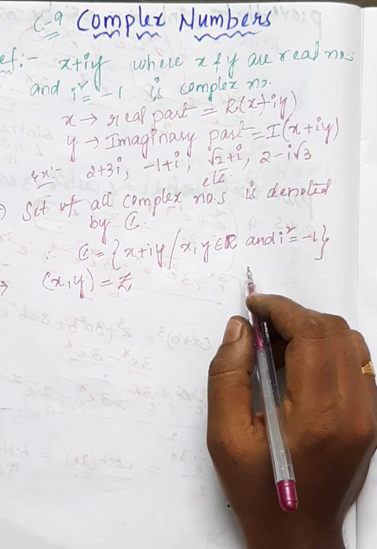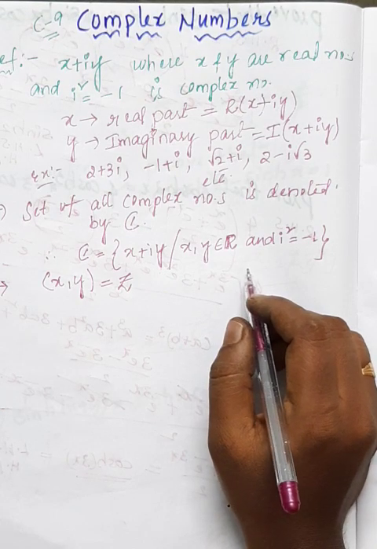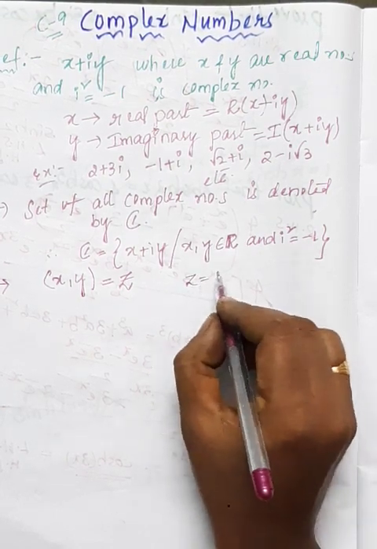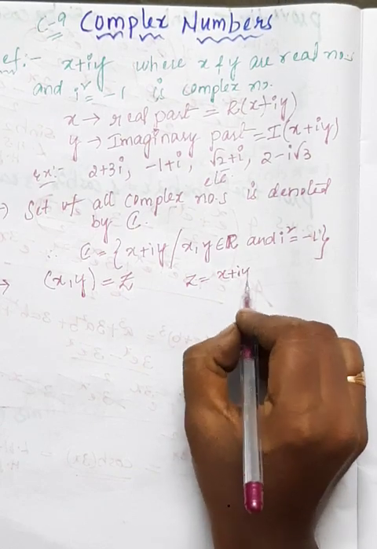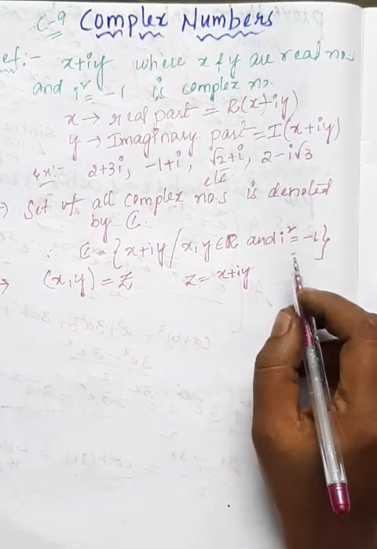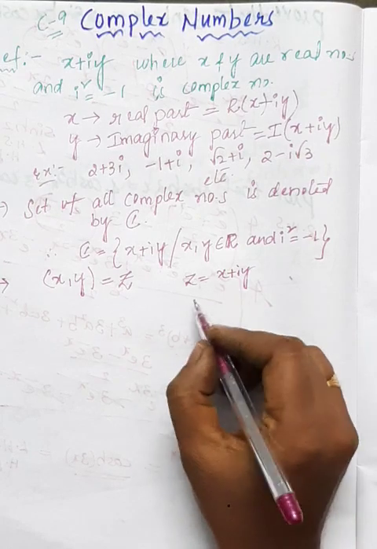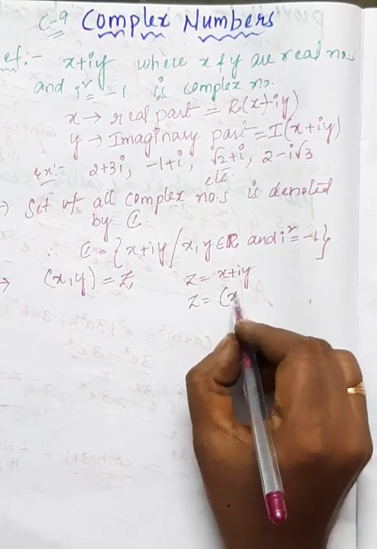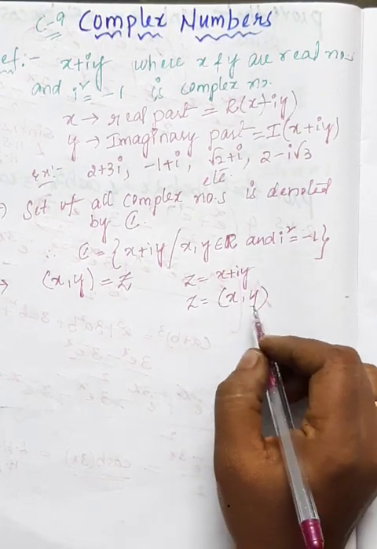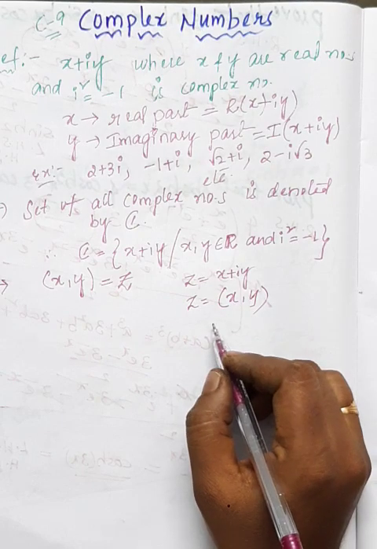Thus any complex number z equal to x plus iy is also denoted by z equal to the ordered pair x comma y, where i square equal to minus 1.